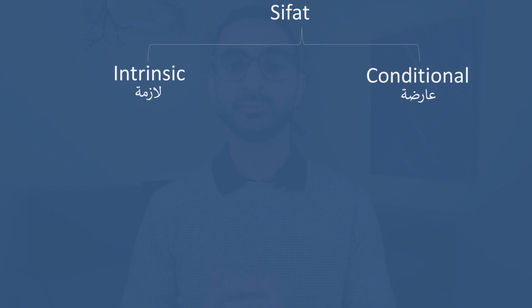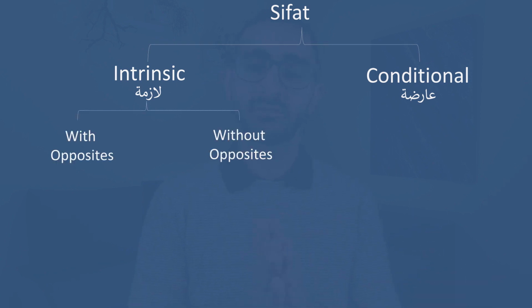So let's put that into a diagram to make it clear. We said sifat or characteristics can be split into two groups. One group is sifat which are intrinsic. They are from the nature of that letter. These intrinsic sifat, or sifat lazimah, can be split into two more options: صفات that have ضد, صفات that have opposites, and صفات that don't have opposites.